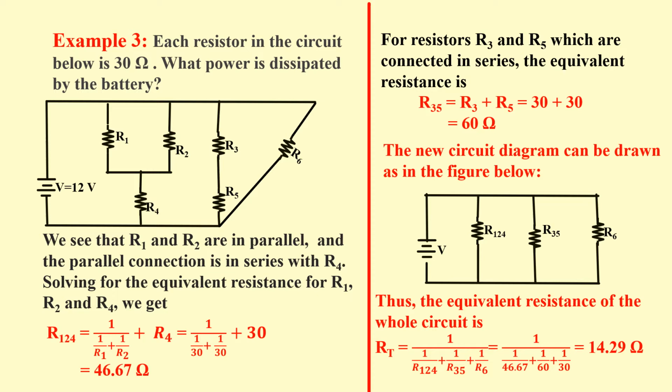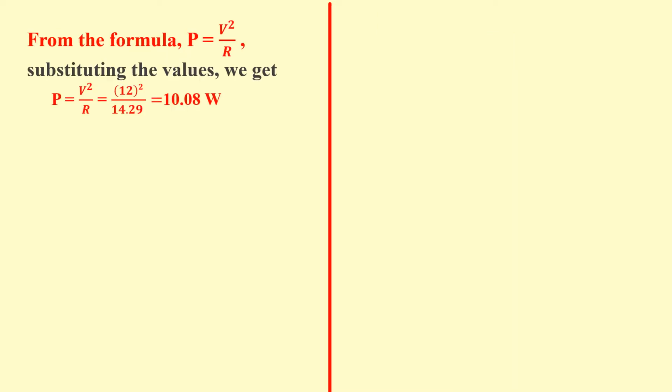Substituting the values, the total resistance is 14.29 ohms. Thus, from the formula P = V² / R, substituting the values, we get P = 12² divided by 14.29 = 10.08 watts.